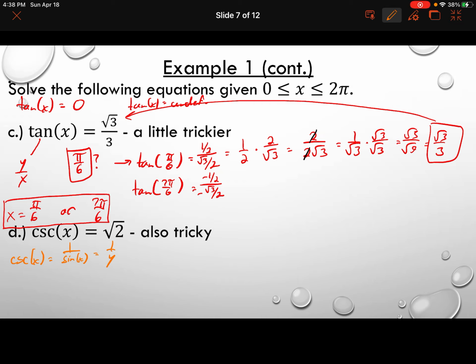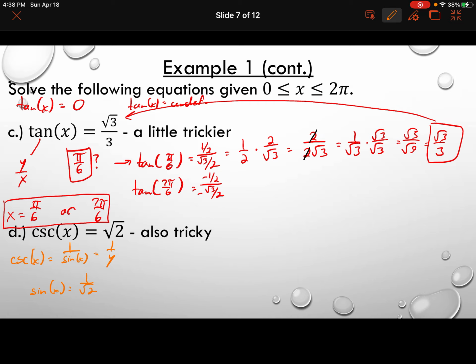So we're going to use a little trick here. Since cosecant is the reciprocal of sine, we can turn this into a sine problem by just taking the reciprocal of the given number.